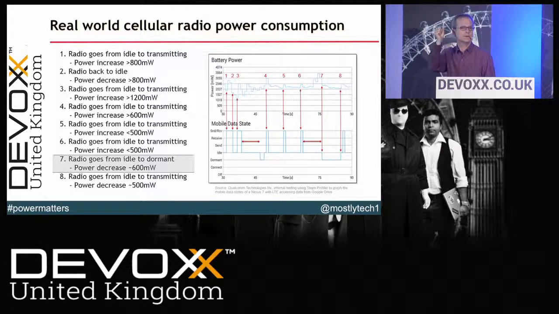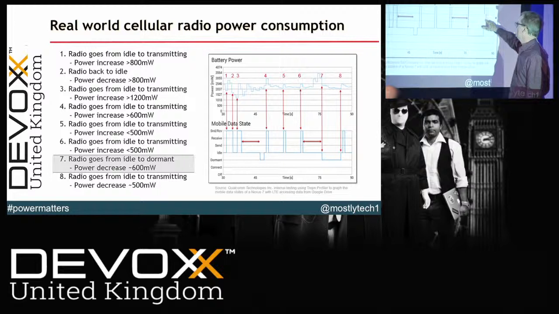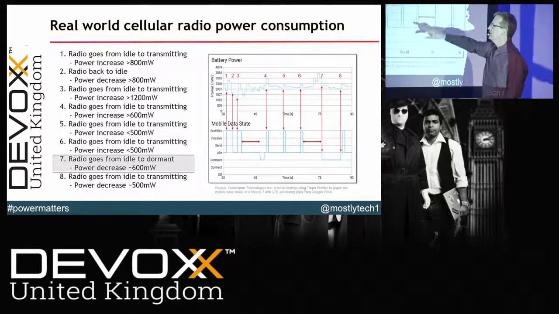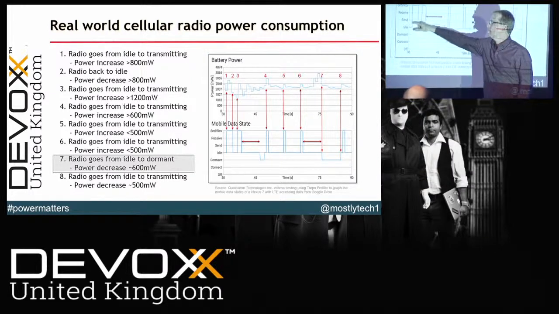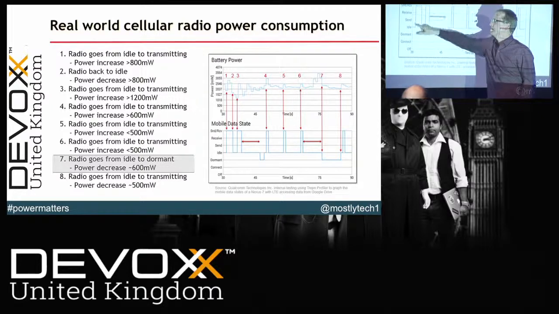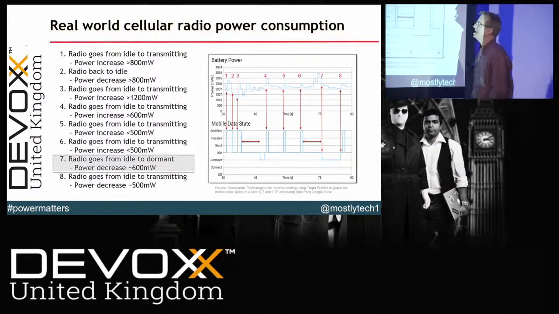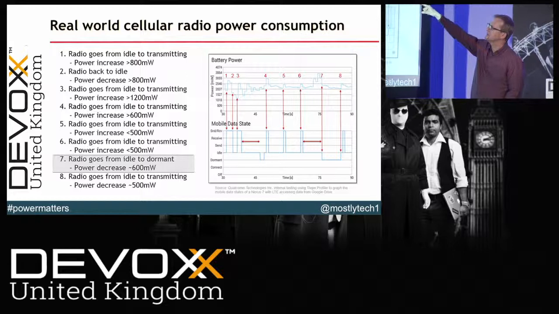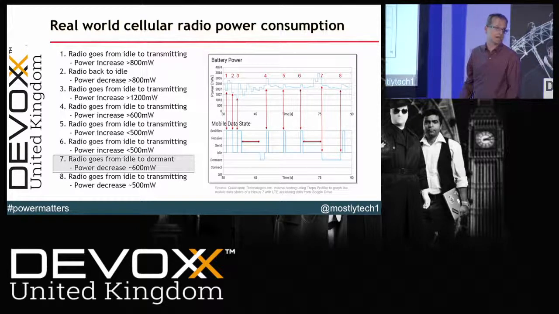I opened a folder, I opened a document, and you can see the result here. I put some red lines so you can see the correlation. Here's the mobile data state. We start in idle. Here's where I open my Google Drive folder. We go into a full power state, and you can see the power increase there is about 800 milliwatts, a significant amount of power.